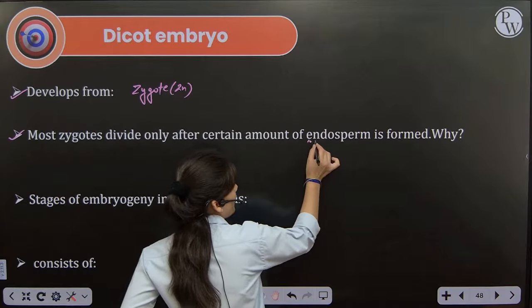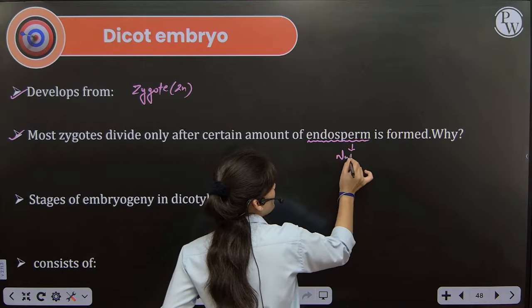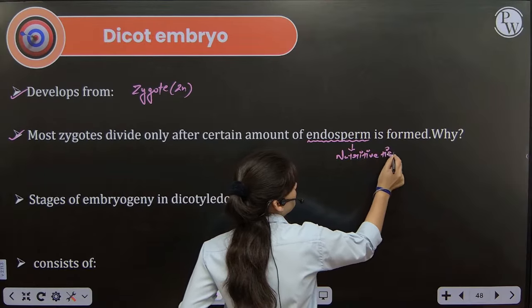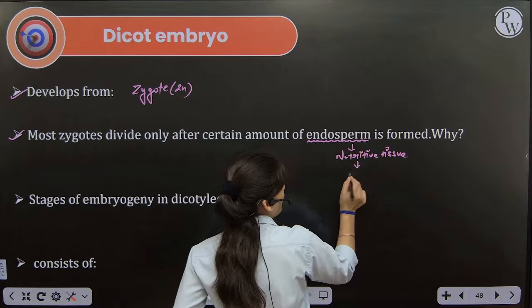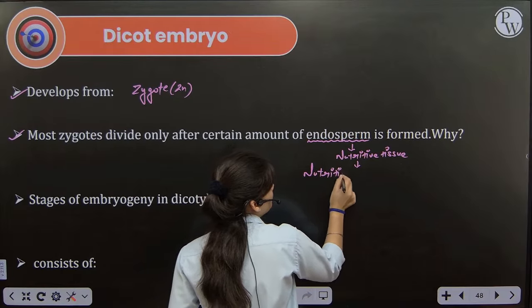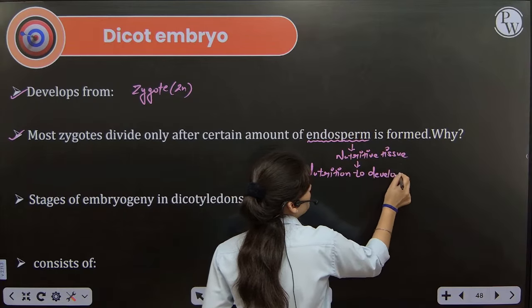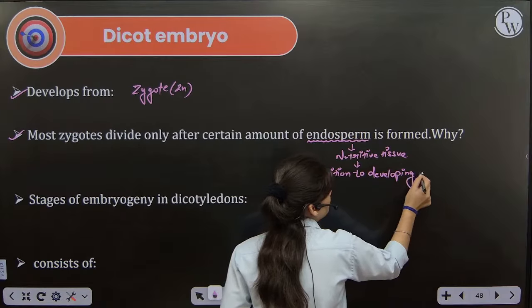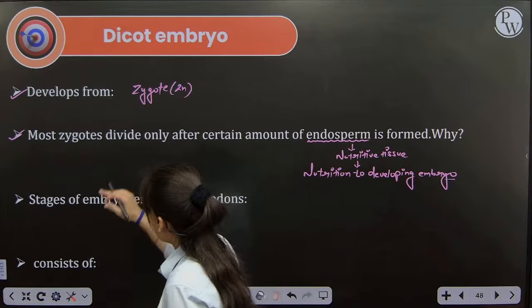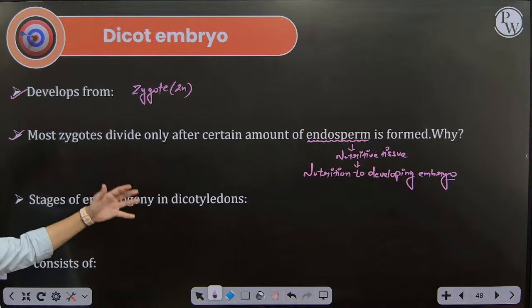Because endosperm is nutritive tissue which is going to provide nutrition to the developing embryo.